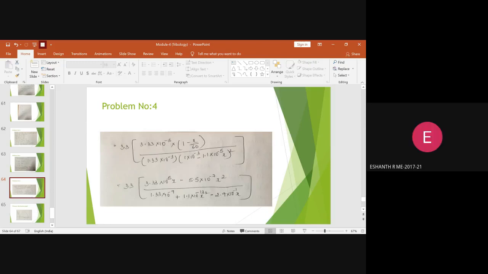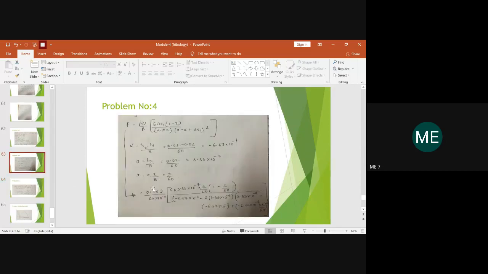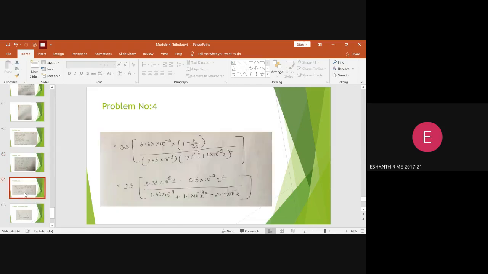Ma'am, in numerator there should be another x. In the numerator another x, you're telling. Yes, we have x here. You're telling about x square? Or you're getting what? 3.33, ma'am, 3.33 into 10 power minus 5x into 1 minus x by 60.